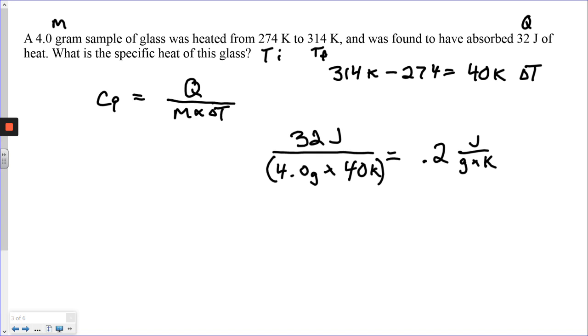Specific heat by definition is how many joules of energy are required to change 1 gram of a sample by 1 degree Celsius or Kelvin. So the units that we get for specific heat should be energy over grams times Kelvin or degree Celsius. So this makes sense.